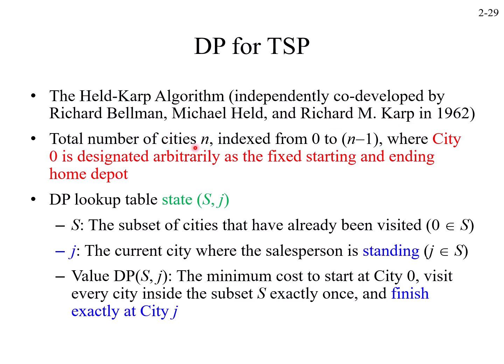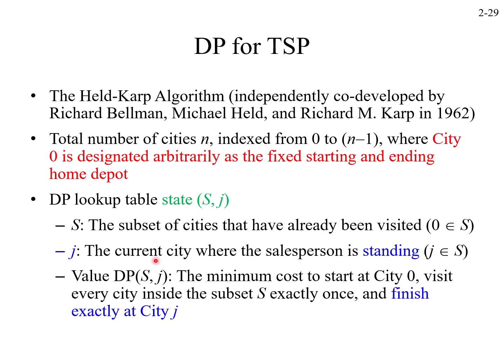And we index the cities from 0 to n minus 1, and we choose 0 arbitrarily as the starting and ending depot. So we define a state. S is a subset of cities already visited, and the origin belongs to this set.